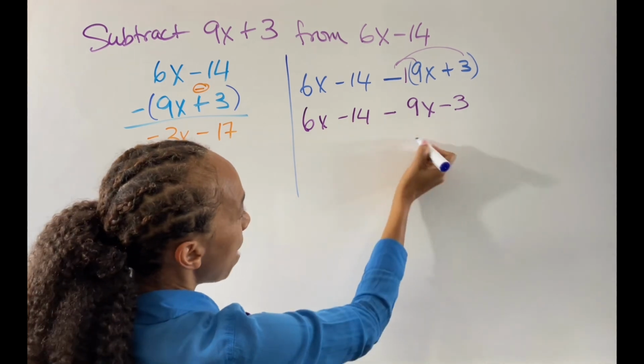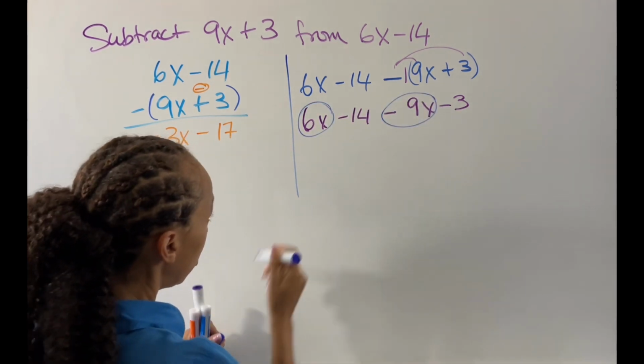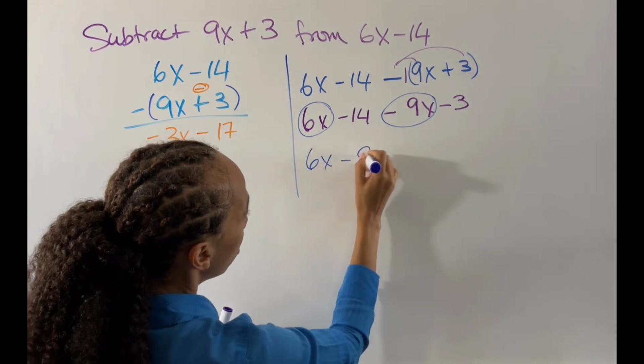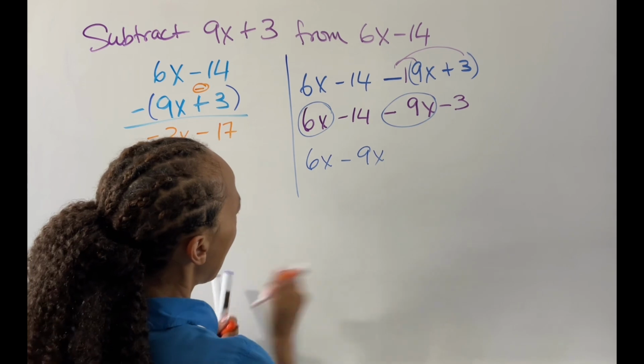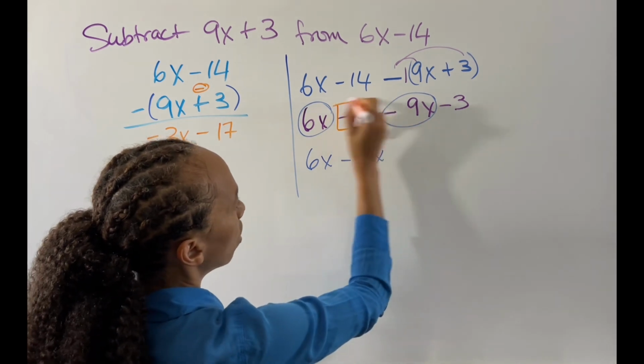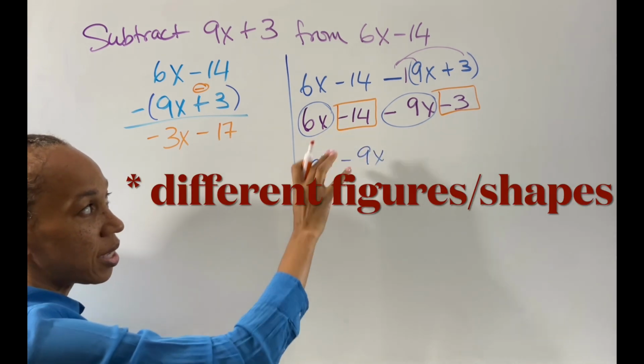So now we're going to combine our like terms. We're going to get all of these together, so I have my 6x minus my 9x. This is an easy way to do it. Notice I'm using different colors and also different symbols.